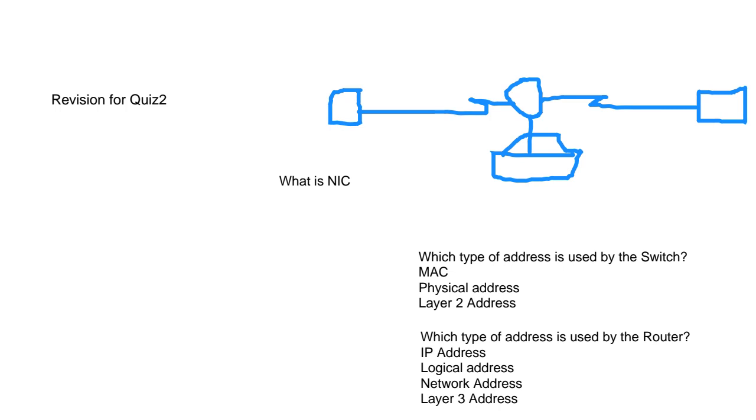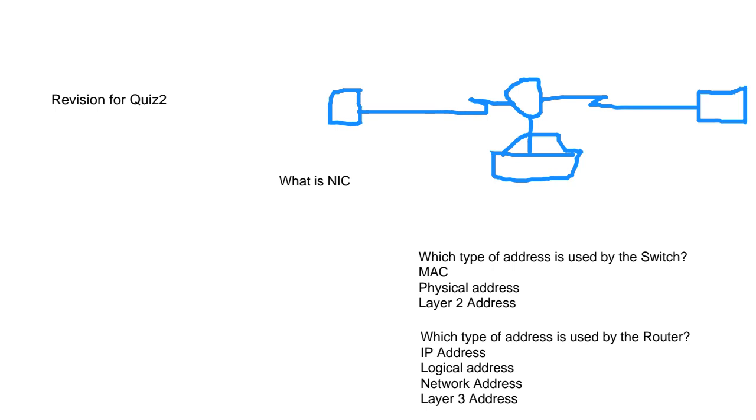You're a good group. Of course, you need to know all the definitions. What is NIC? What is protocol? What are the differences between MAN, WAN, LAN? You have to know that.